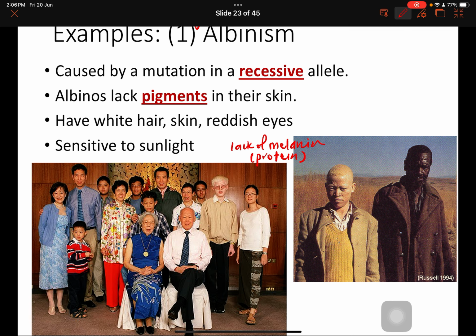So in Singapore, one very prominent example of an albino individual is the grandchild of our former Prime Minister, Lee Kuan Yew, and it's also the son of our former Prime Minister, Mr. Lee Hsien Loong.